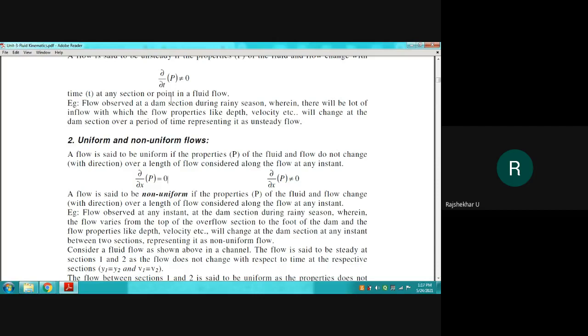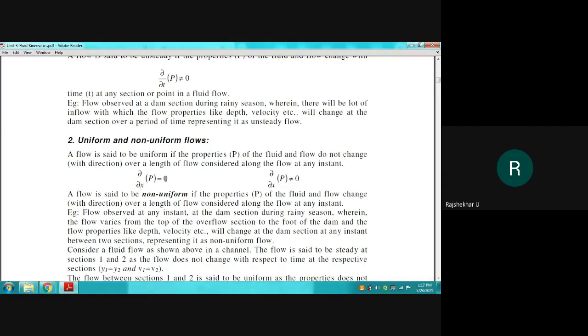So earlier we defined this property with respect to time, and we said that is steady flow. Now we are defining this property with respect to direction, and we are considering a particular length. So here ∂P/∂x, the property P, if it remains the same, then the differentiation will go to 0. Correct?